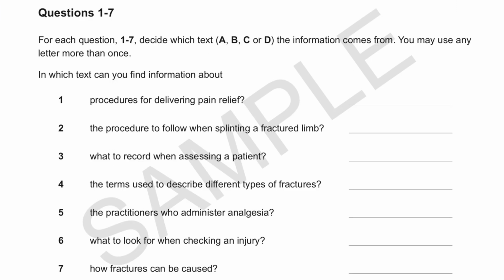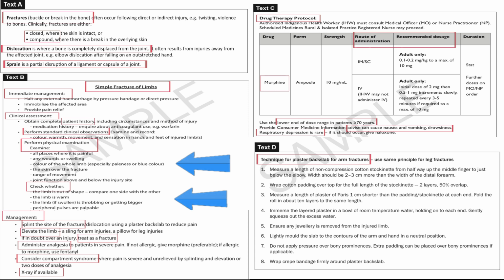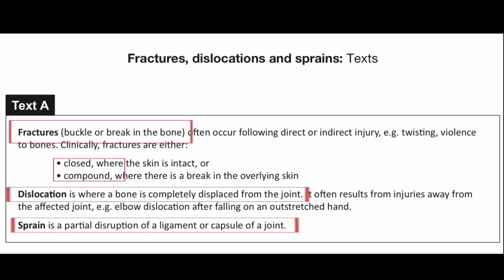And lastly, number 7, how fractures can be caused. So when you look at the extracts and their subjects, you know that you can find this information under text A, which is all about a definition of fractures. So fractures often occurred following direct or indirect injury.